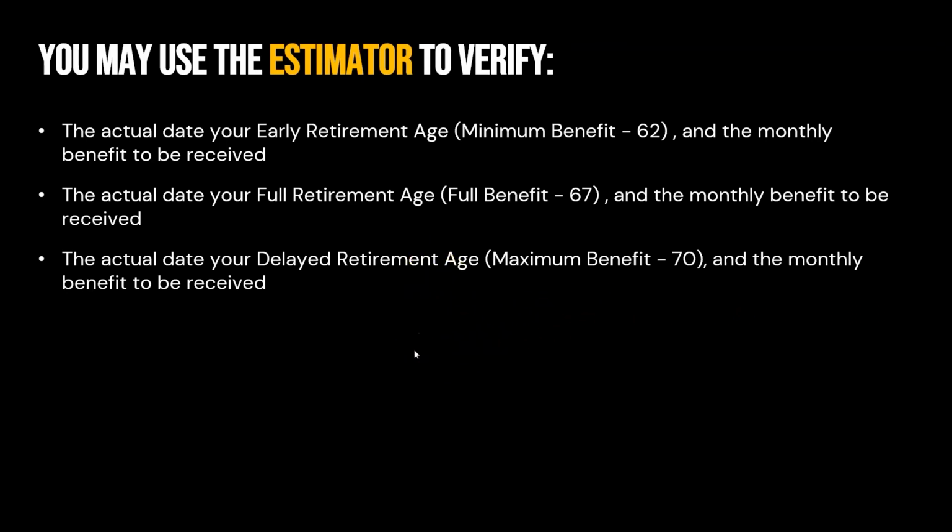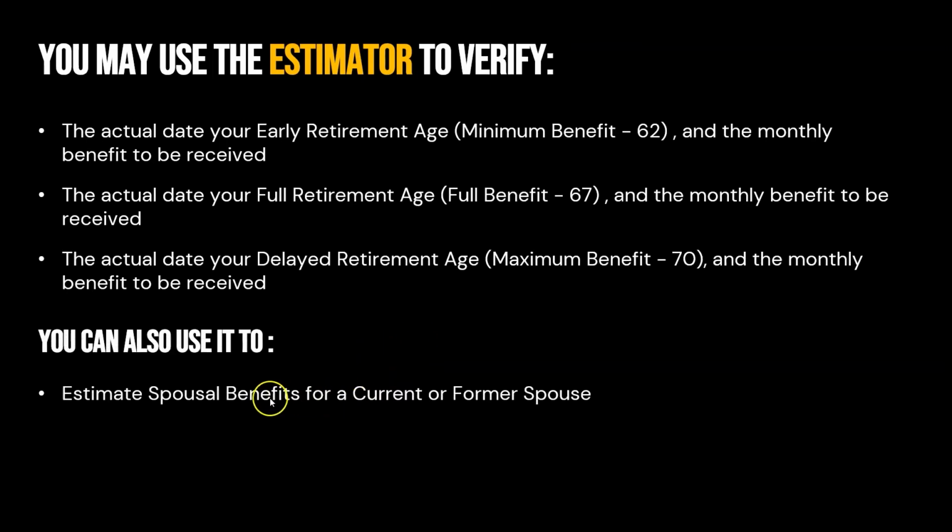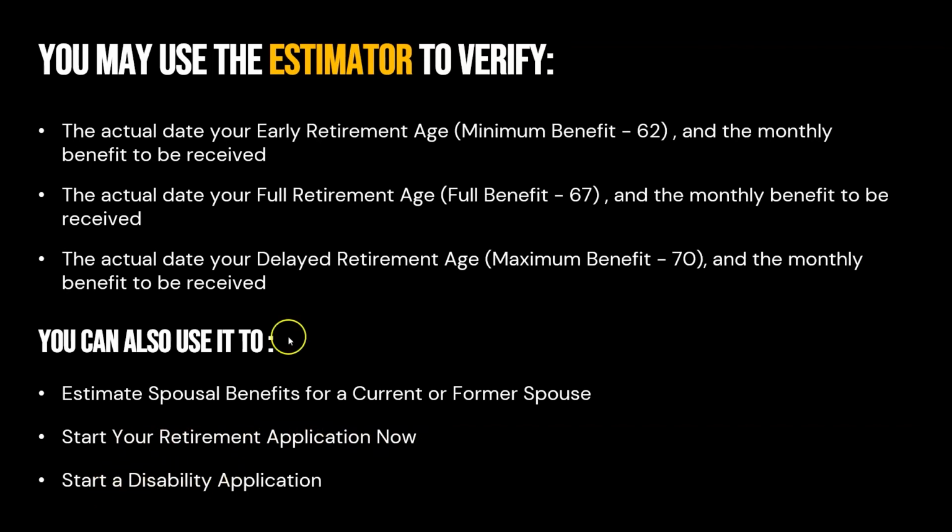That's what this tool can help you do. You can also use it to estimate your spousal benefit for a current or former spouse. You can use it to start your retirement application. You can also use this same online tool to start a disability application. So we're going to go straight into the tool, the online process, and see how that works out.